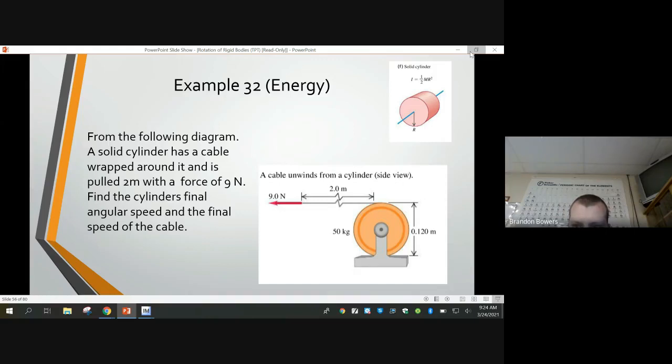All right. So, find the cylinder's angular speed. All right. So this one's a little tricky. This one's actually a little tricky. And what you have to think of in this problem, can I change off of this?